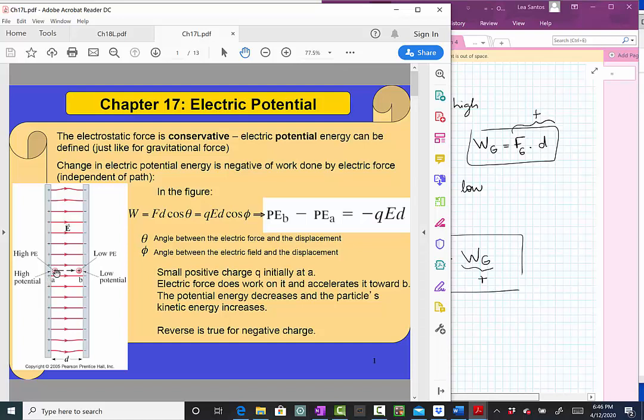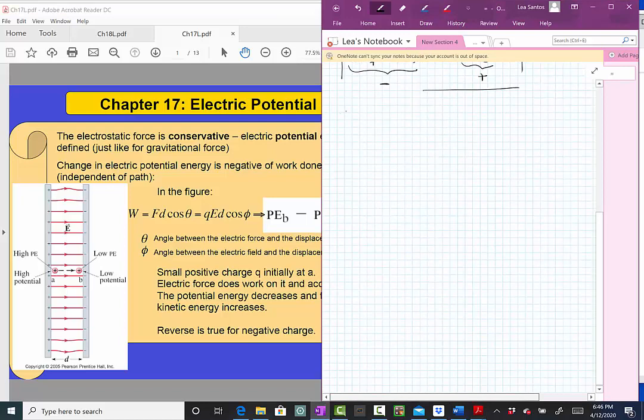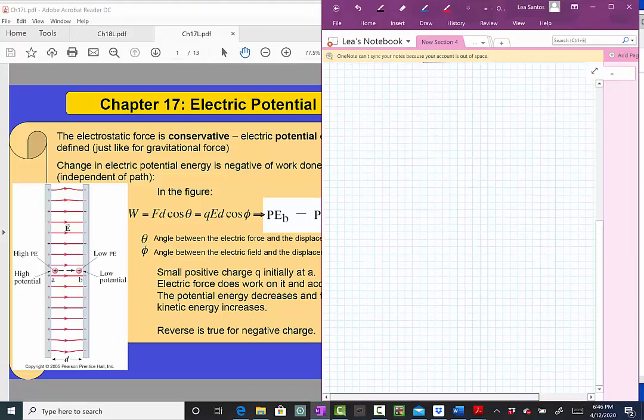So as I'm holding this positive particle close to the positive plate, I can say that this particle has large potential energy. Which kind of potential energy? Electric potential energy.